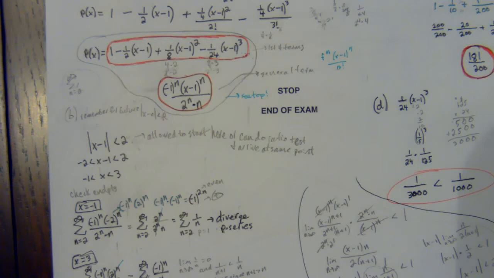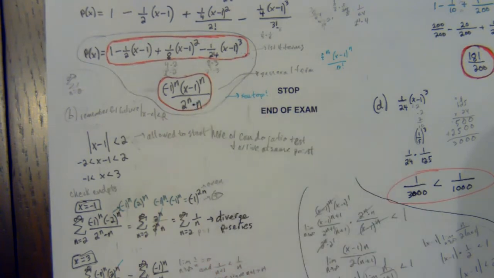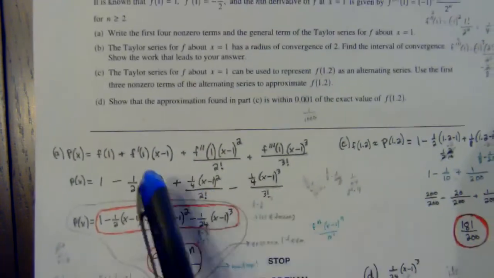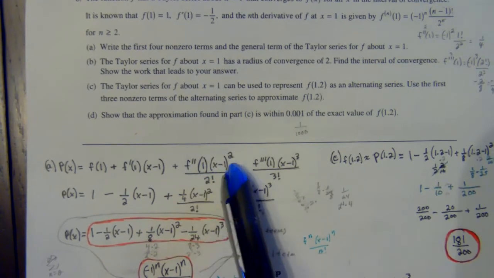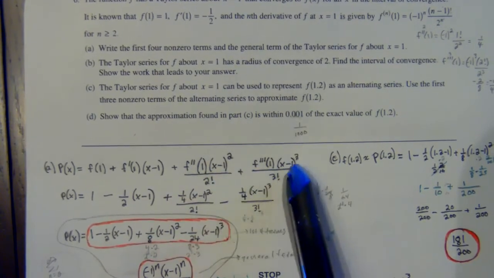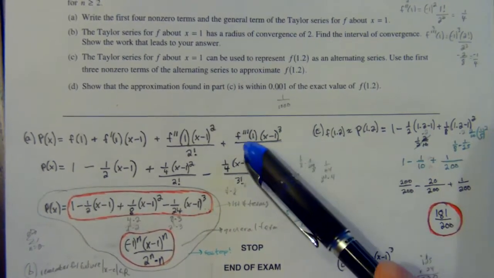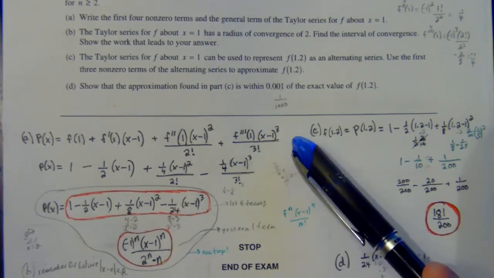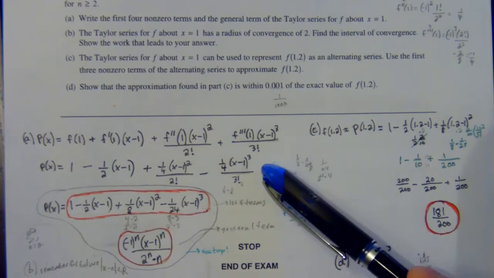Okay, let me share with you real quick how you can get this general term. All right, now think about this. We did the first derivative, x minus 1 to the first over 1 factorial. Then the second derivative, x minus 1 squared over 2 factorial. The third derivative, x minus 1 cubed over 3 factorial. So if I was doing a general thing, it would be the nth derivative, x minus 1 to the nth over n factorial, right?